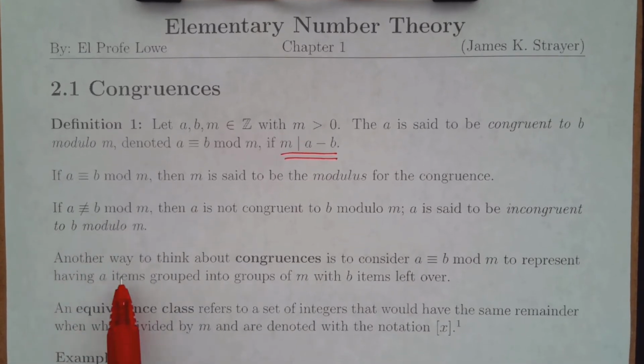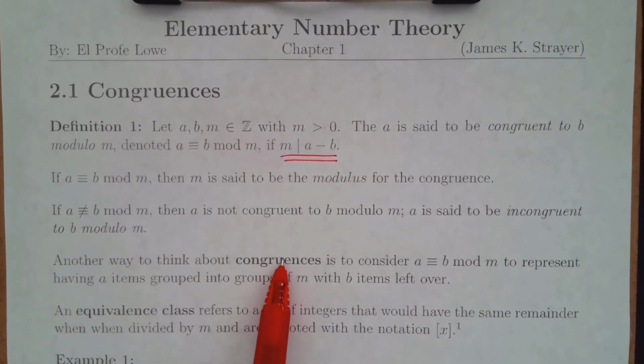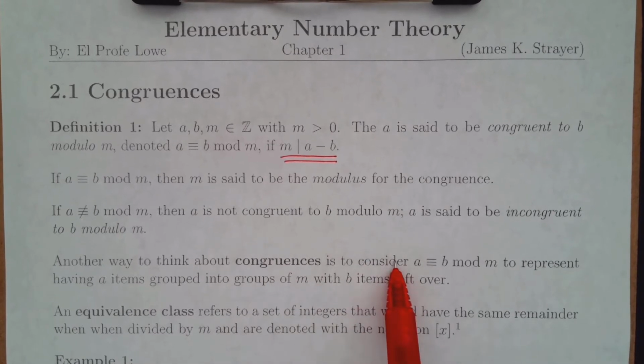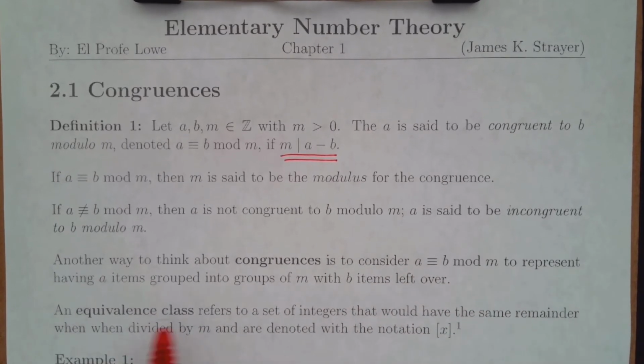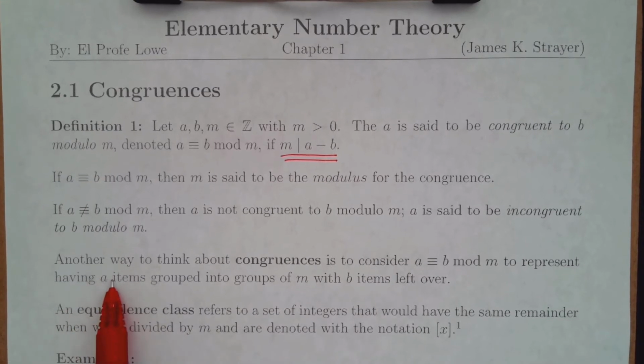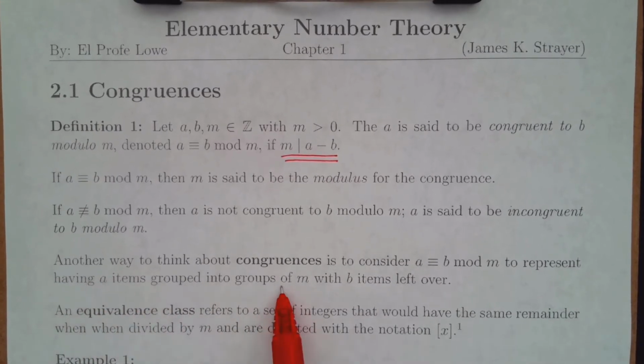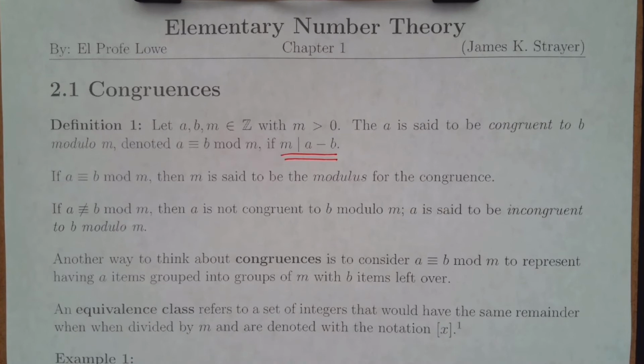Okay? Another way to think about these congruences is to consider a ≡ b mod m to represent having a items grouped into groups of m with b items left over.